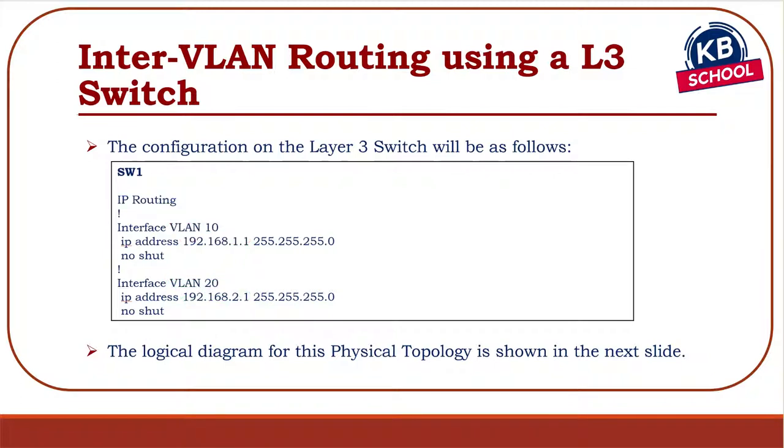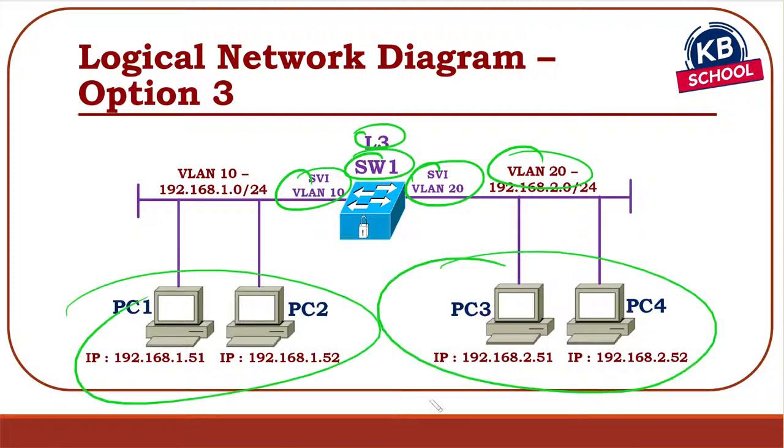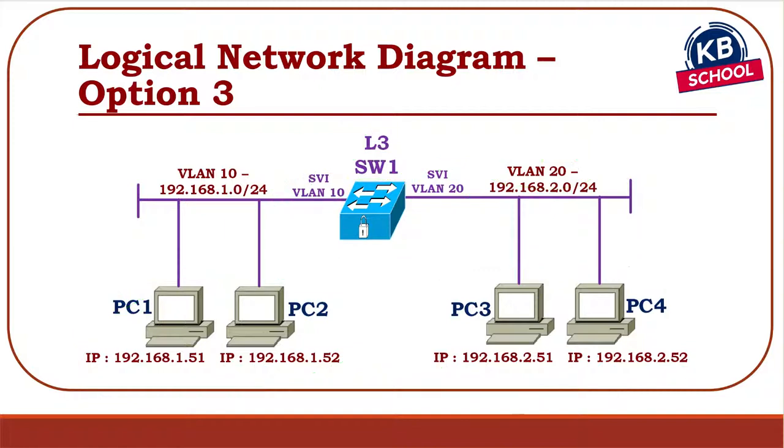Here is the logical diagram. You'll notice it's a layer 3 switch, and it's got an SVI in VLAN 10 and another SVI in VLAN 20 for these PCs. That's your inter-VLAN routing using that methodology.